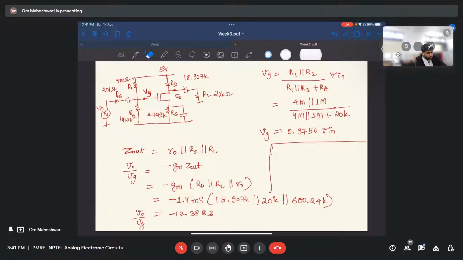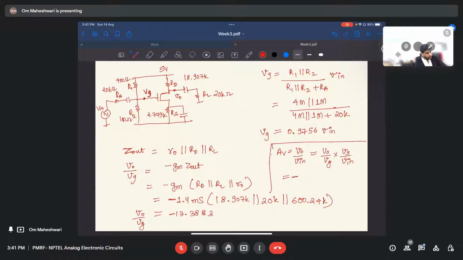But our actual gain AV equals V out by V in. So we can write it as VO by VG into VG by V in.